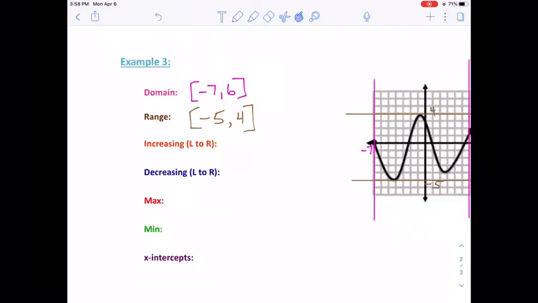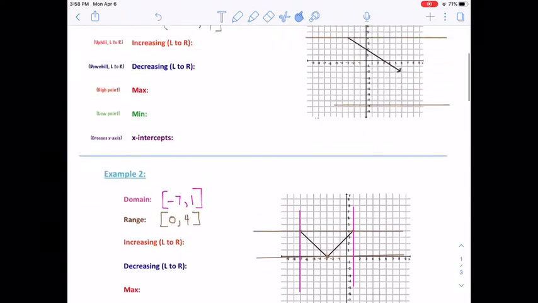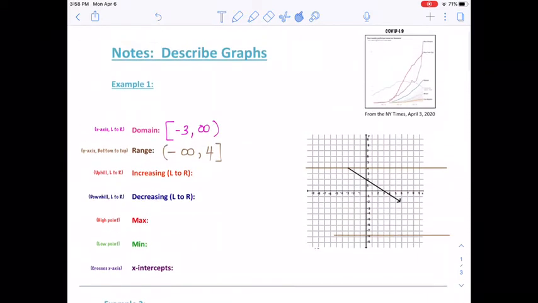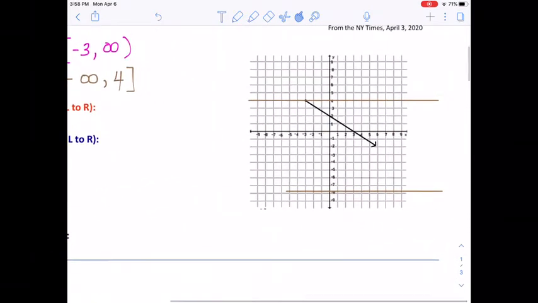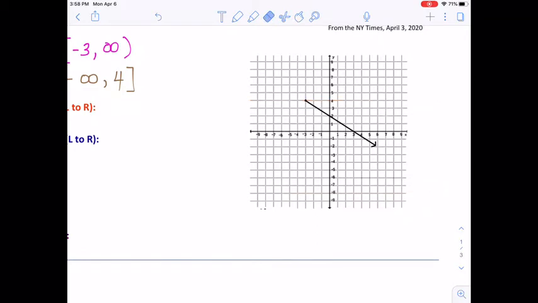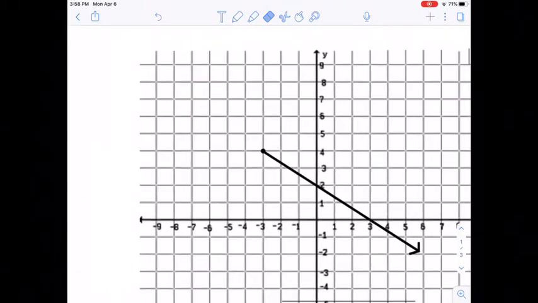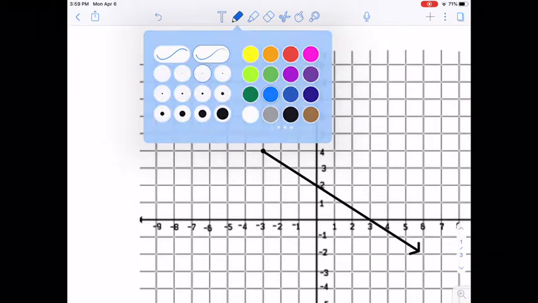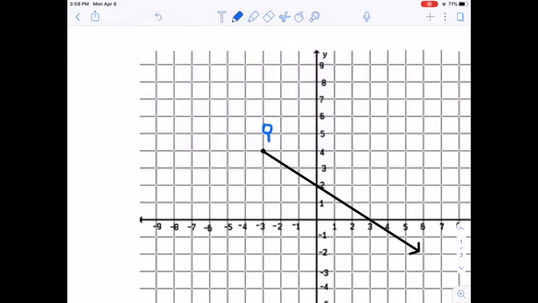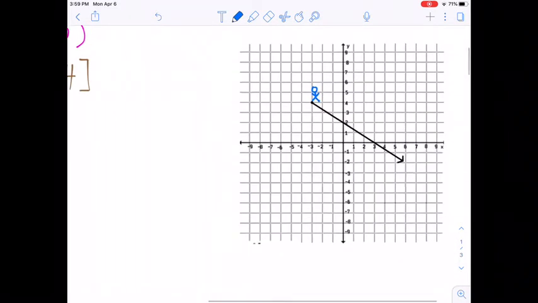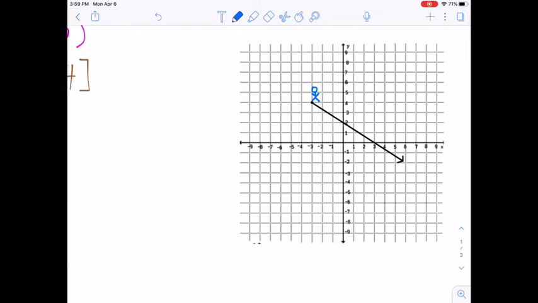Now we'll look at increasing and decreasing. We'll go back and start with example 1. Increasing and decreasing is referring to uphill and downhill. If you're a little guy standing on that graph right here, going from left to right, are you going uphill or downhill?